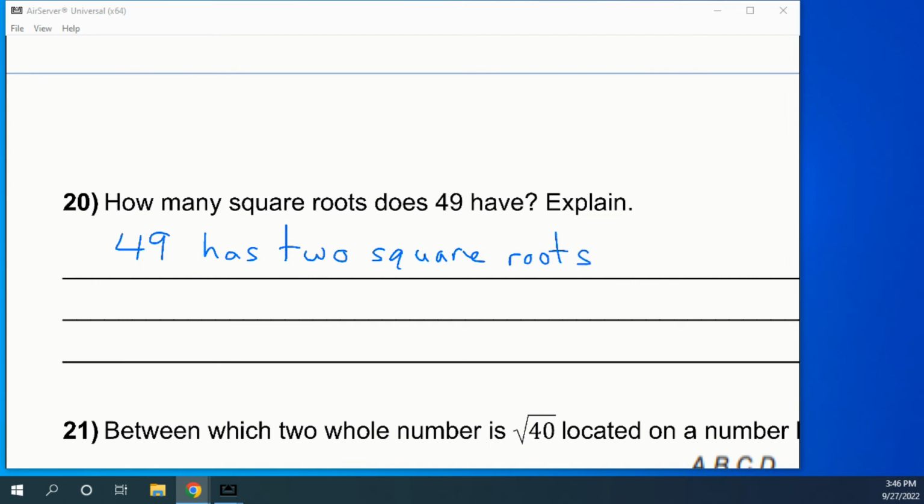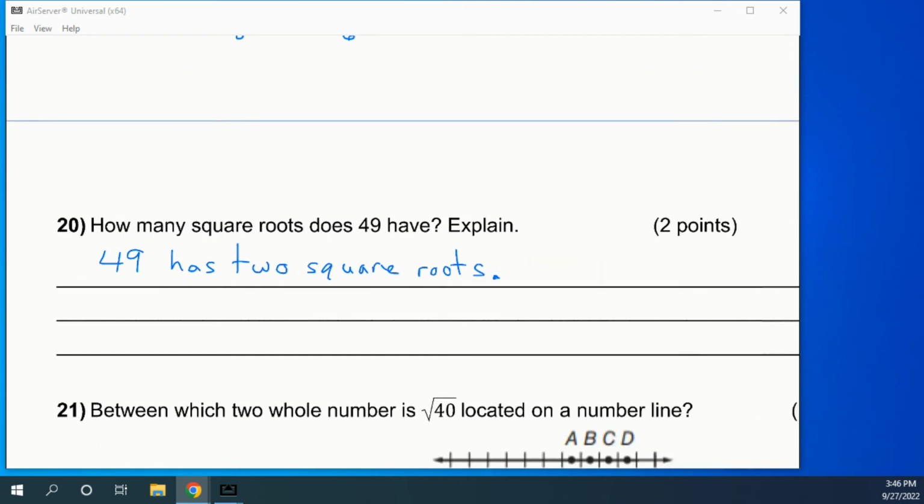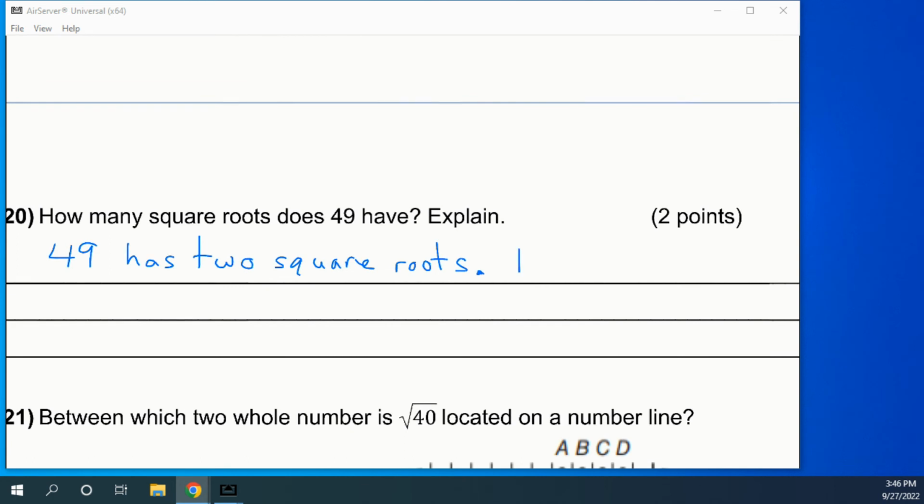Obviously, what number times itself is going to be 49? Obviously, positive 7.